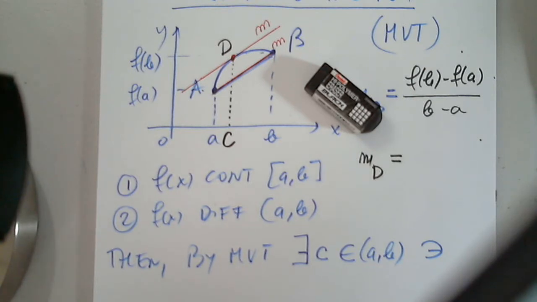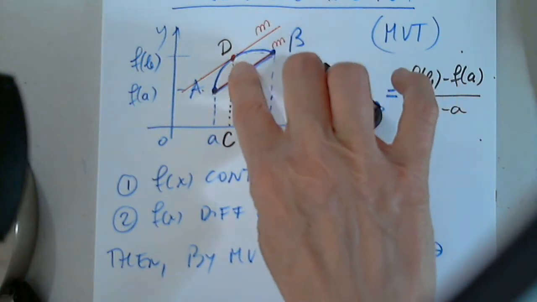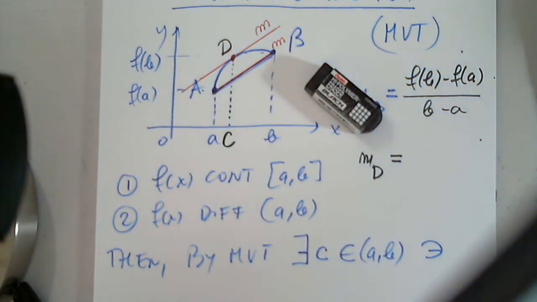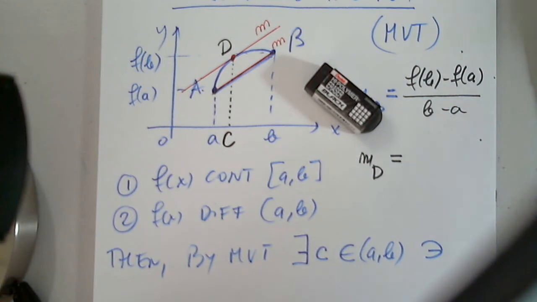Correct, but I need it in a different way. Is there another way of representing the slope of this line tangent to the graph of f of x at D? f prime of D? Very good.